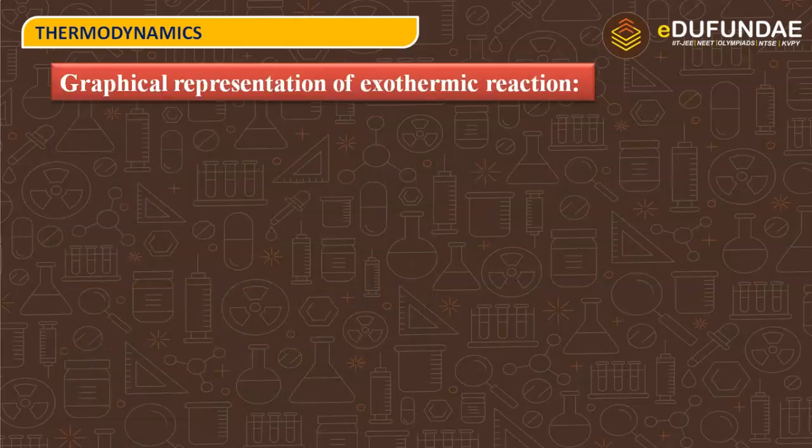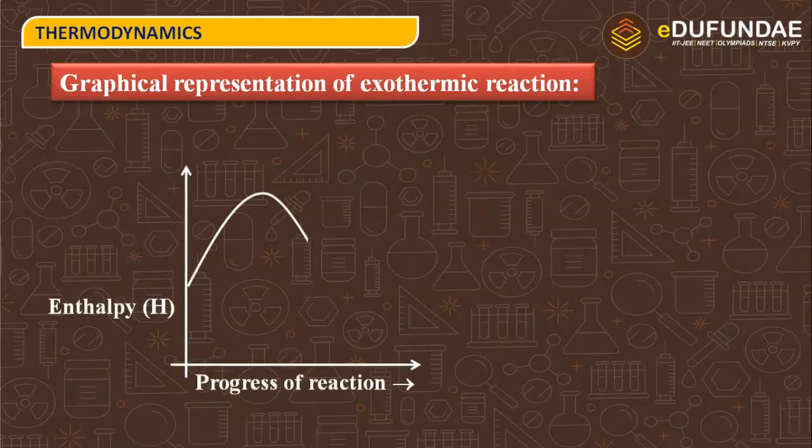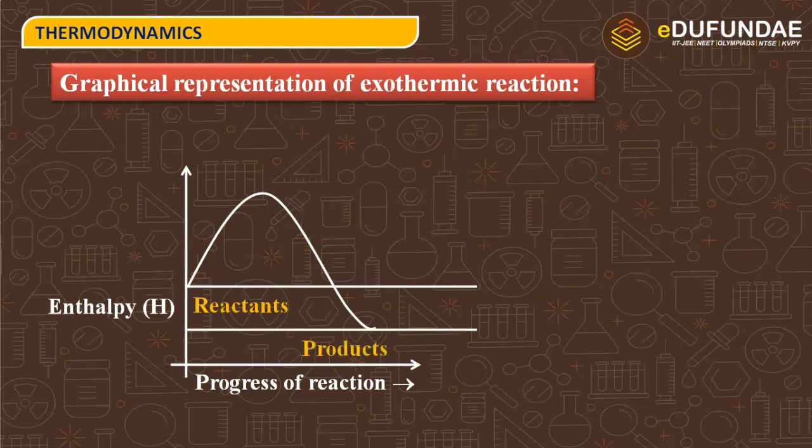Next is graphical representation of exothermic reaction. When we plot progress of reaction versus enthalpy, we get this type of graph. These are the reactants, this is the starting point of the reactants, and this is the final condition of the reaction, representing the formation of products. This point is the peak, and what does this peak represent?